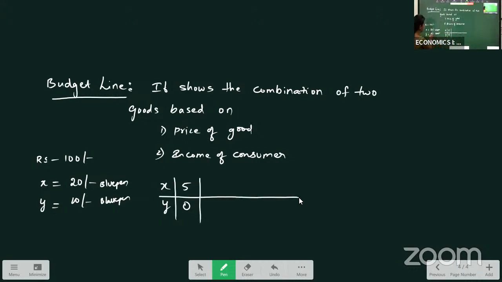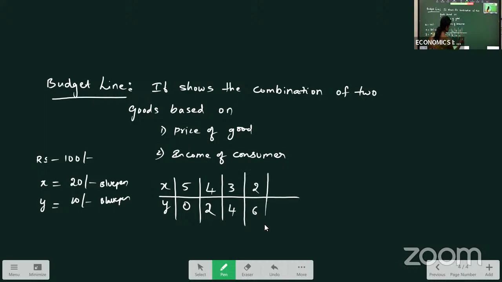If I take 2 black pens, why? Because 20 is there. When I take 2 black pens, I will take 4 of these. This is one combination, because 4 twos are 80 plus 2 tens are 20. 80 plus 20 is our 100. With 100 rupees, I can buy 2 black pens and this one. Then for the next combination, you can make the combinations like this.